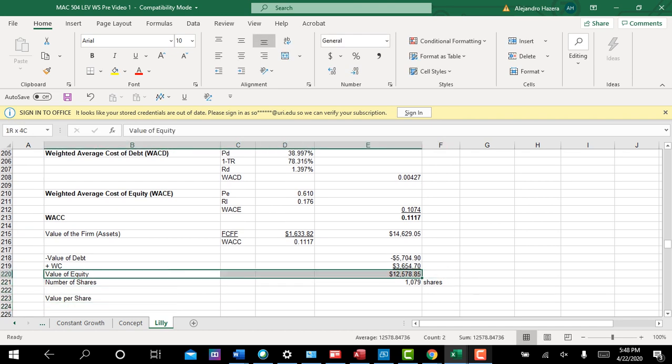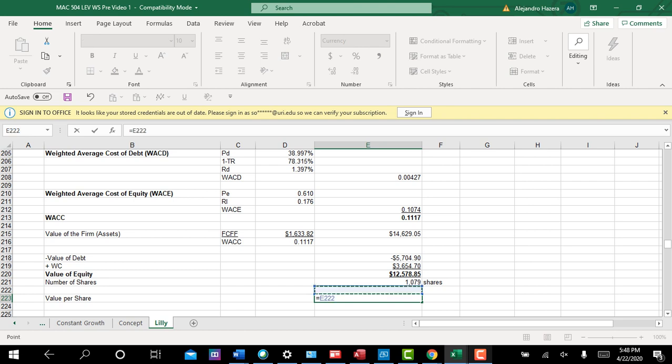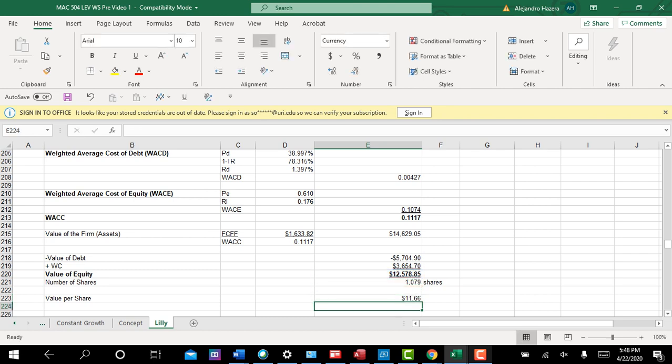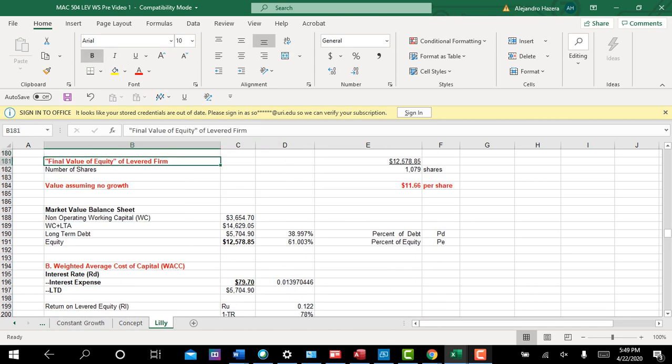So I'm going to bold this, equal to the value of equity divided by number of shares, and it gives me $11.66. And I'm going to point out that this $11.66 is equal to the same value I got using the adjusted present value approach.